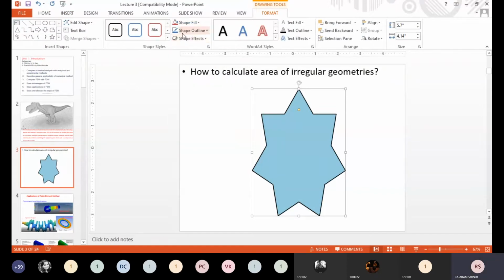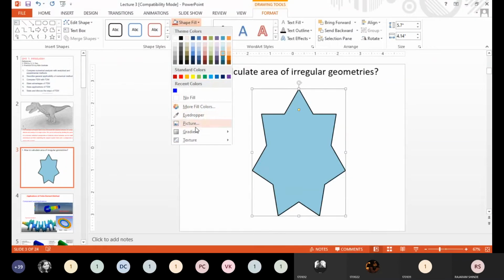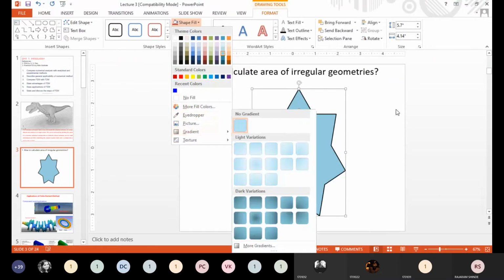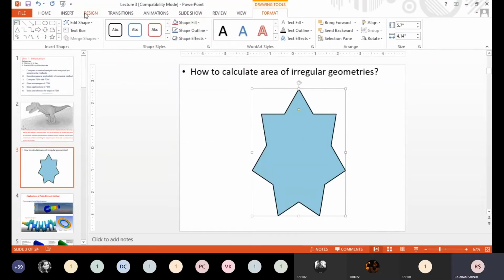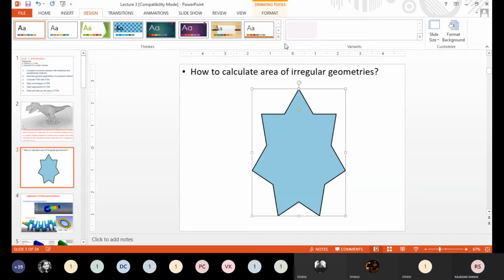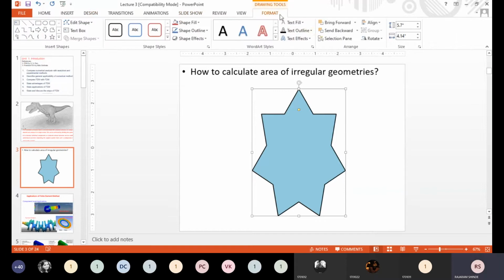Okay, I will show you. Where is format? I will do it.